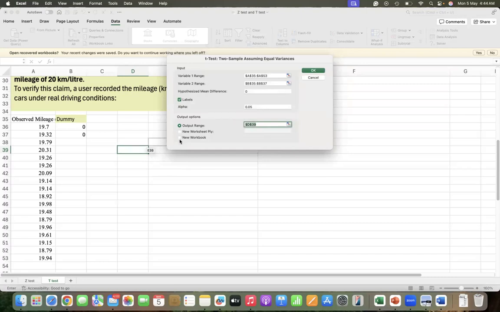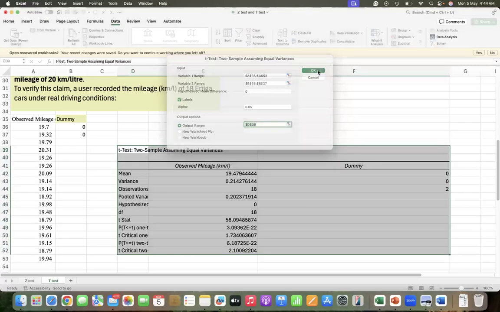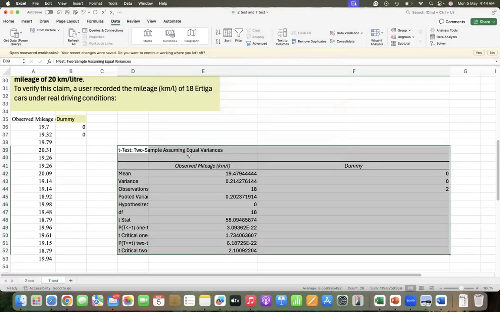We can choose new worksheet. We can choose the same worksheet or give any particular cell reference. Okay, so we got these results. Now t-test two sample.